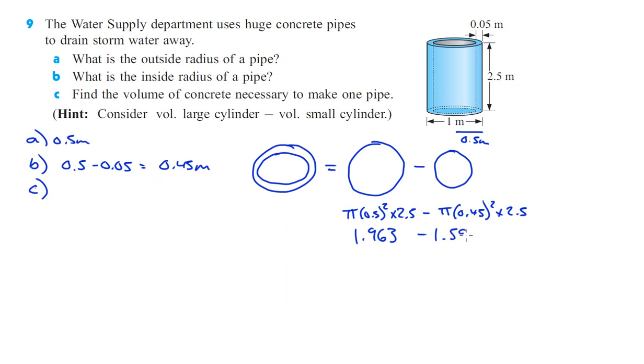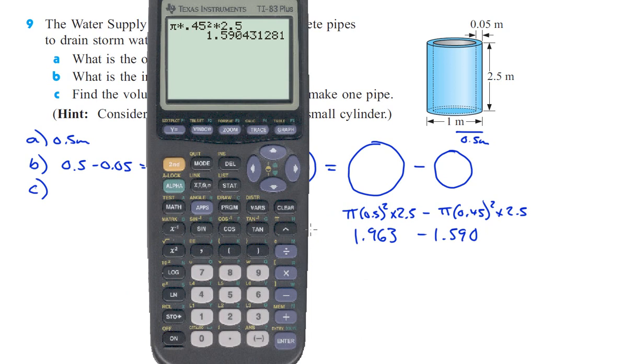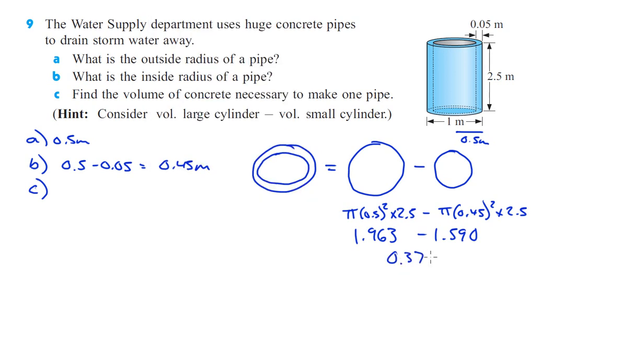So once we subtract those two from each other, 1.963 minus 1.59 gives us 0.373, and everything's in meters, right? So cubic meters. Okay, so that's the volume of concrete necessary to make that one pipe.